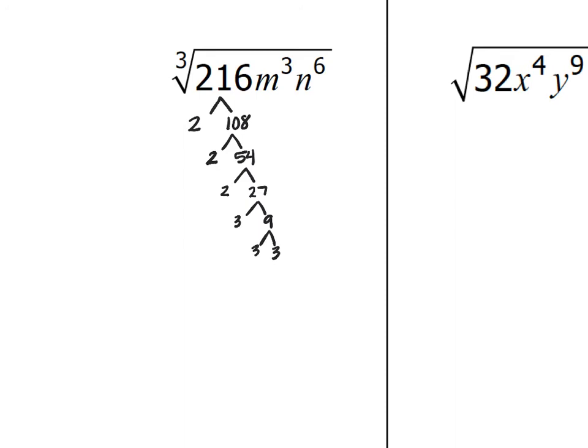So when I look at that, I have a group of 2 and a group of 3 based on the index. So I'm going to have a 2 on the outside and a 3 on the outside.